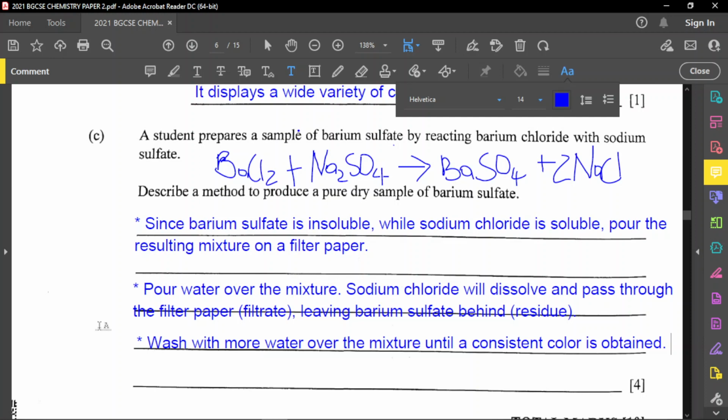All right, so what is left on the filter paper now? I'm going to take that piece off now. Once you finish washing the barium sulfate, washing away all the sodium chloride, what I'm going to do is to remove the remains, and the remains here is barium sulfate.